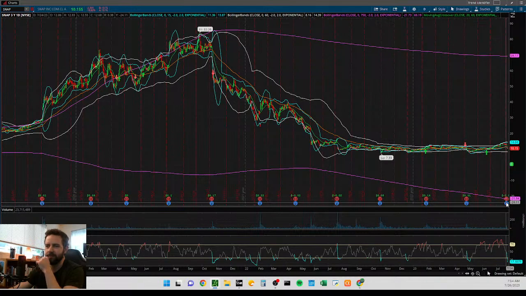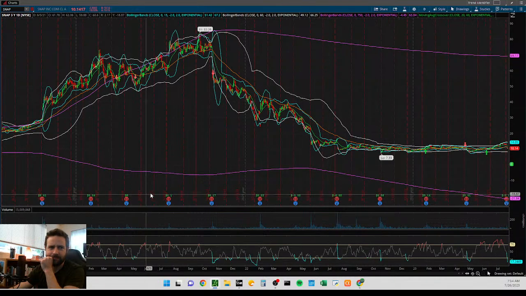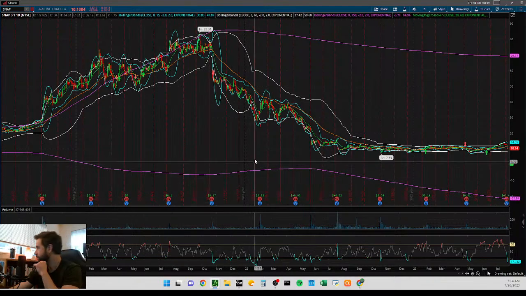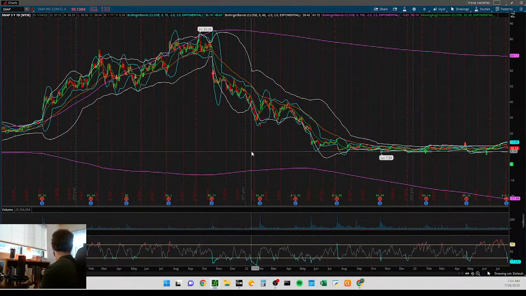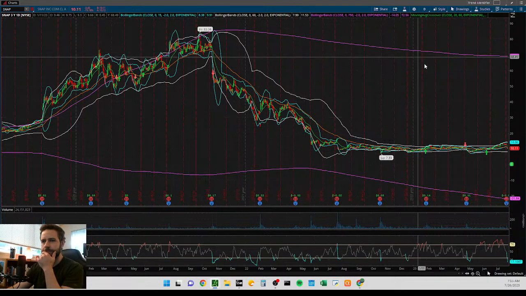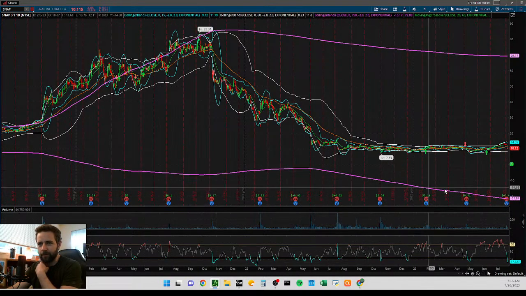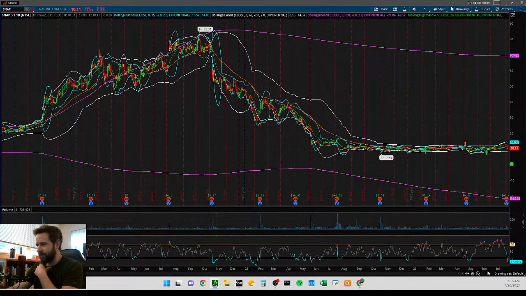This is kind of funny. Sun is trying to come out. Yeah, I love when the long-term trend on stocks is negative.